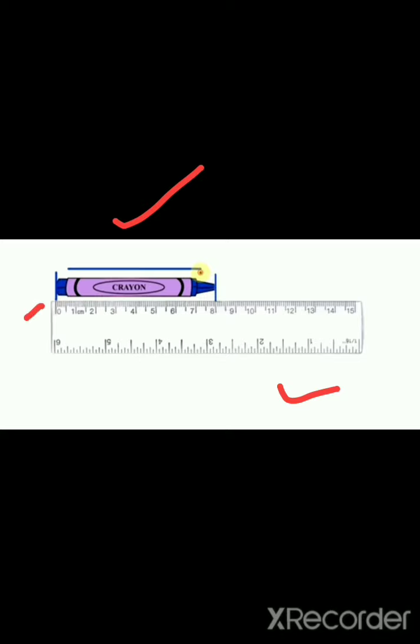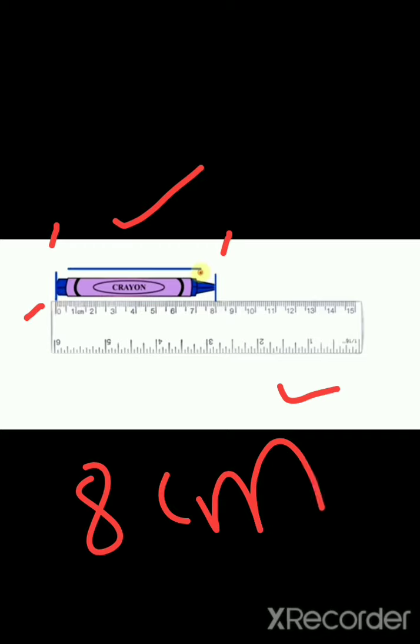You can observe in this diagram that I have started measuring this crayon from 0. This crayon ends at 8, so that means this crayon is 8 centimeters long. So with the help of a scale you can measure different items or different things.